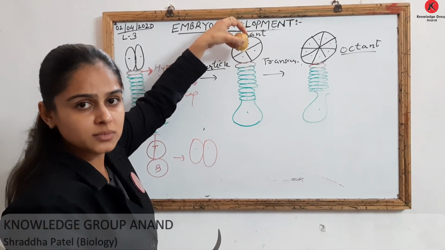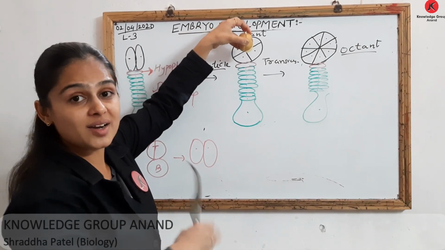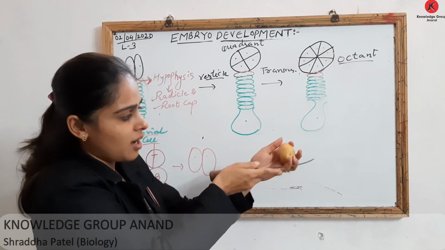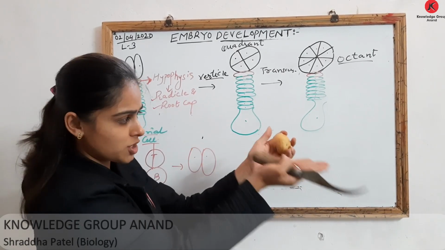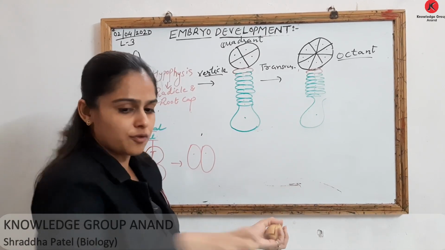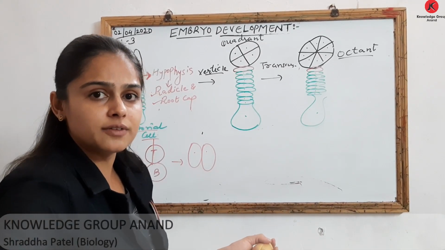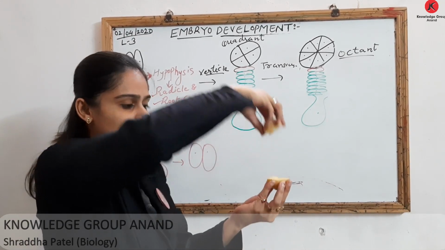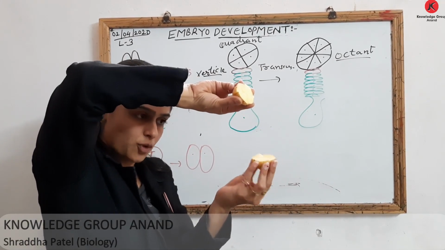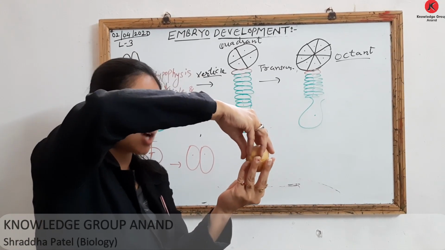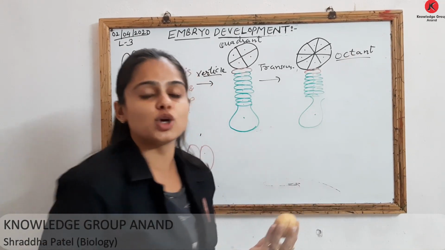Now I told you the next division will be transverse. So how will the transverse be? Like this. So I am making your transverse cell division. This is 4, this is 4. 4 plus 4, 8. That results in formation of your octant.